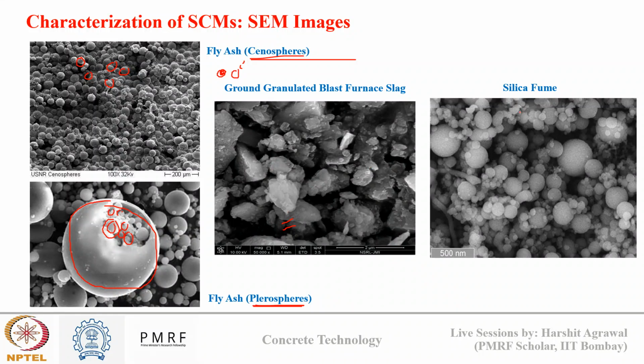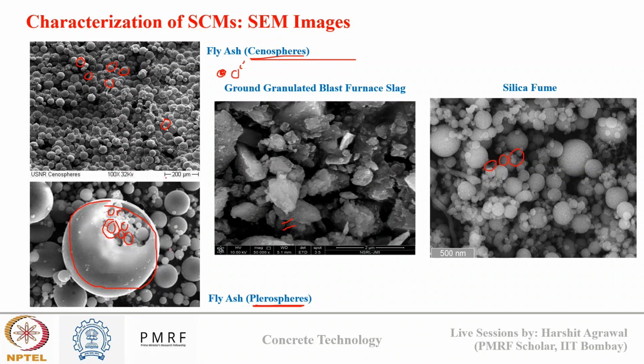Third is silica fume. Unlike GGBFS and more like fly ash, silica fume consists of ultrafine, nearly perfect spherical particles, and these are typically 100 times smaller than the cement grain. Both are spherical, but you can understand the difference between fly ash and silica fume based on the scale of these SEM images.